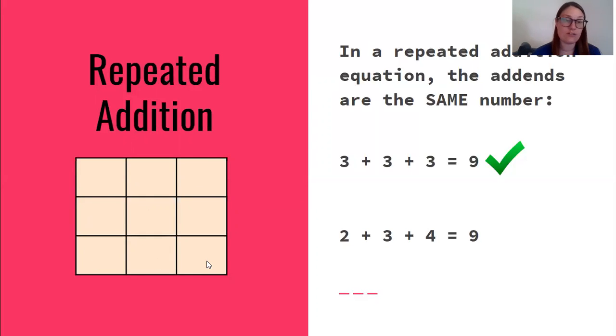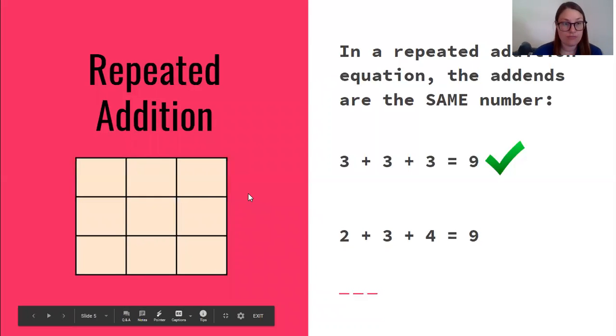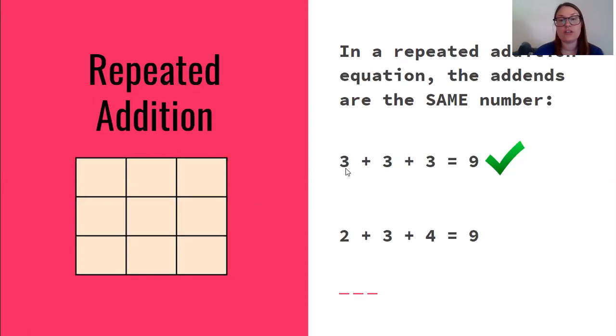Whether you're looking at a row or a column, there are 3 squares in each row and 3 squares in each column. So if we're making a repeated addition equation, 3 plus 3 plus 3 equals 9. It has to be the same number. When you are doing repeated addition, you are adding the same number together.